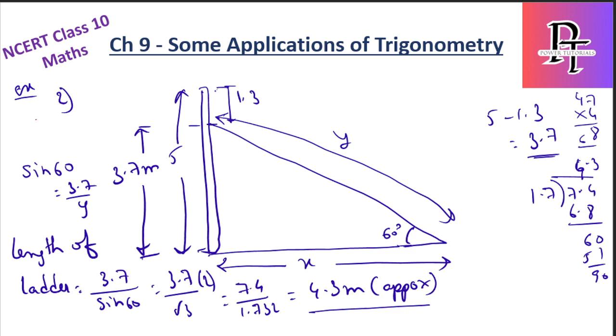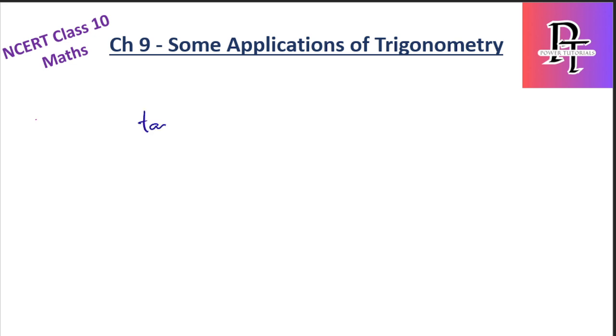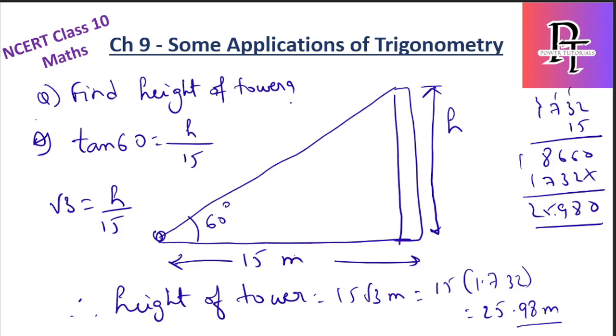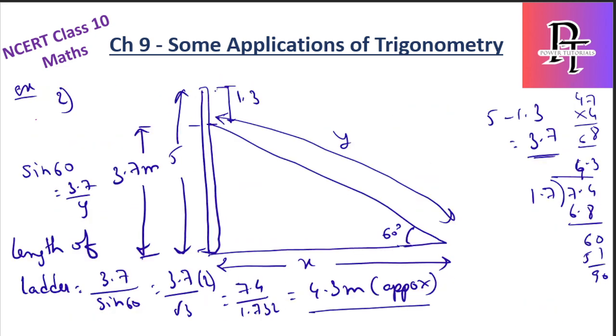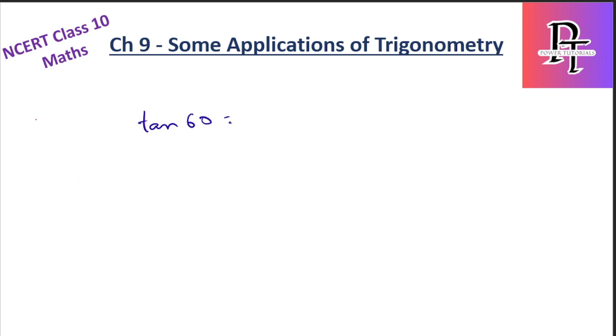Okay, we got the length of the ladder. We also want the distance between them. For this, this is opposite, this is adjacent. Opposite by adjacent, we have to use tan theta. So tan 60 is equal to opposite by adjacent. Opposite is 3.7 by x. Tan 60 is root 3, equal to 3.7 by x.